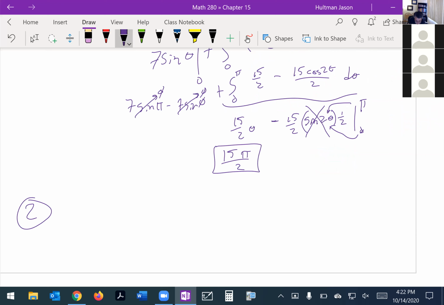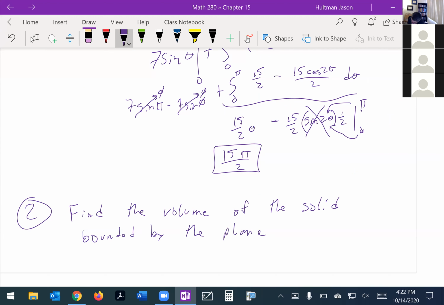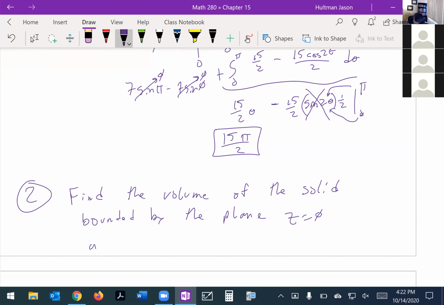Find the volume of the solid bounded by the plane z equals 0 and the paraboloid z equals 1 minus x squared minus y squared.